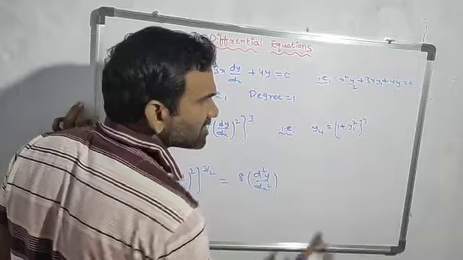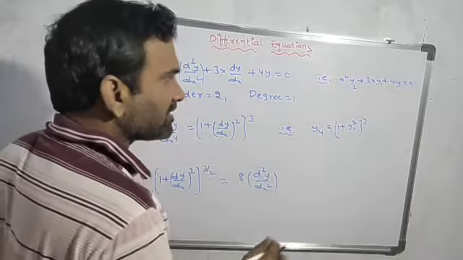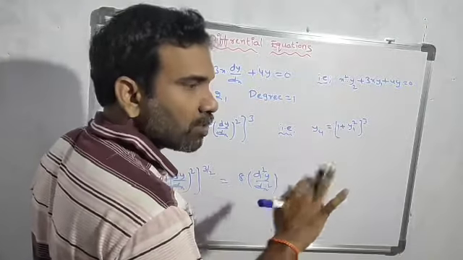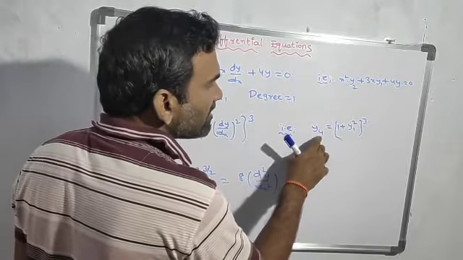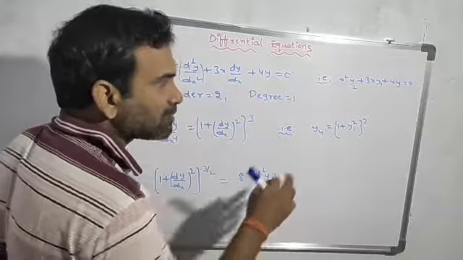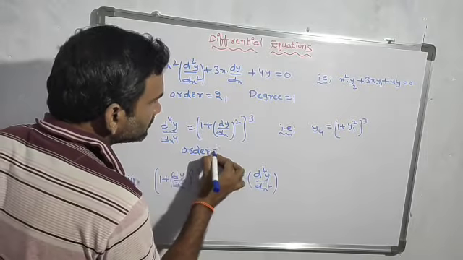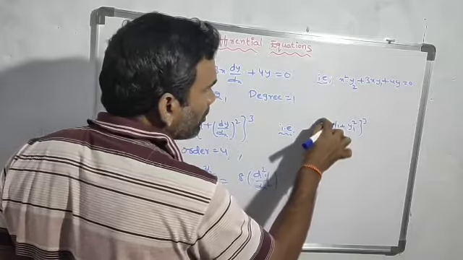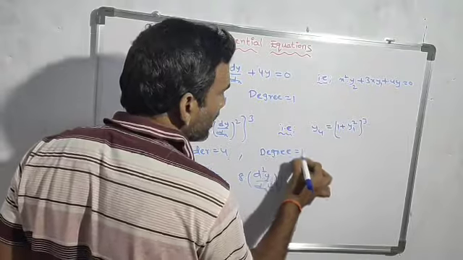If you expand this, you will get 4 terms, but that is a secondary thing. y1 has a maximum power of 6, but forget about that, because we have to concentrate on how many times y is differentiated maximum: 4 times. So our order is 4, and the degree: y4 whole power 1 only, so the degree is also 1.